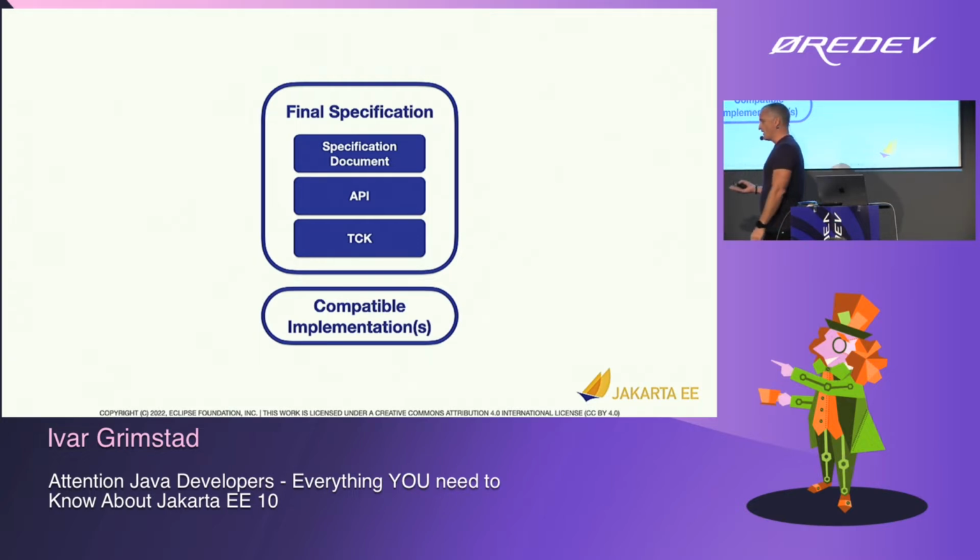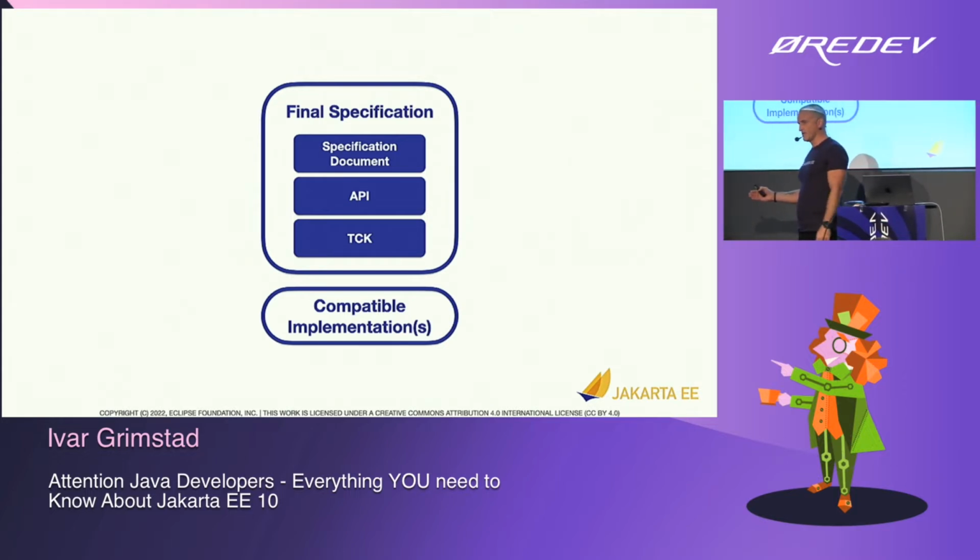There is also an API artifact, a jar file or something you can download from Maven Central. And there is a test suite or a test compatibility kit, or TCK for short, that tests whether an implementation fulfills the requirements of the specification.